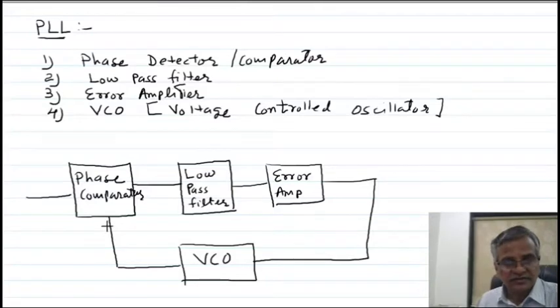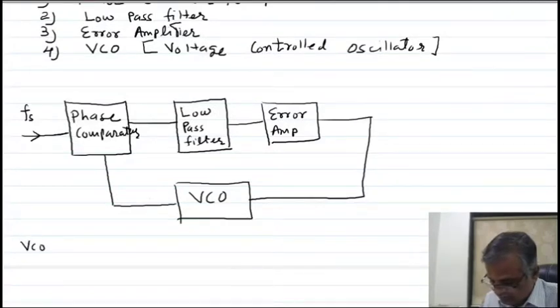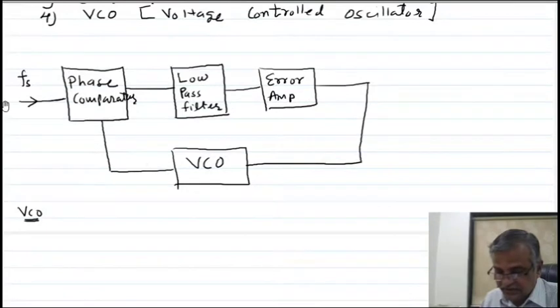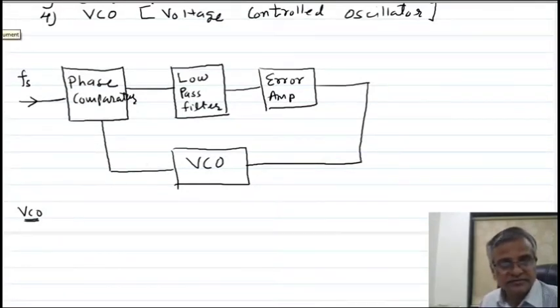Now we are discussing the function of each component. See, this is the input signal having a frequency fs. I am discussing VCO first. VCO is a voltage control oscillator.